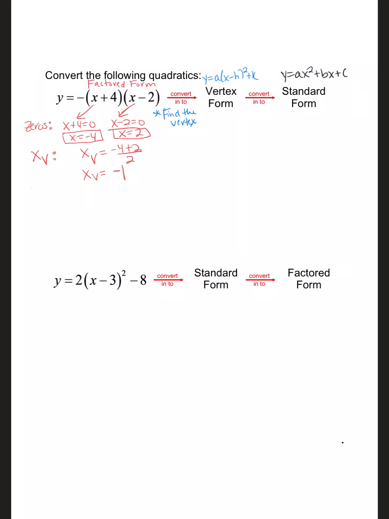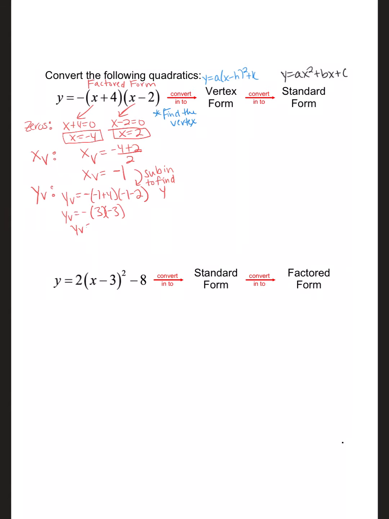Okay, from there we're going to have to find the y value of our vertex. So we sub in to find y. Okay, so the y value of our vertex, we're going to take that negative 1 and we're going to plug it in for x. So we have negative 1 plus 4, and we have negative 1 minus 2. So if we simplify our brackets, we should have 3 and negative 3.